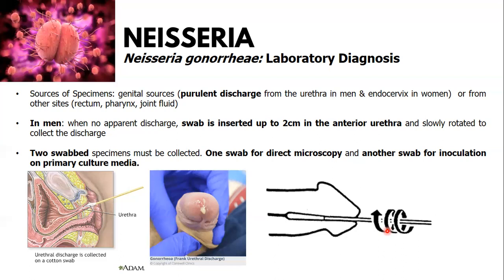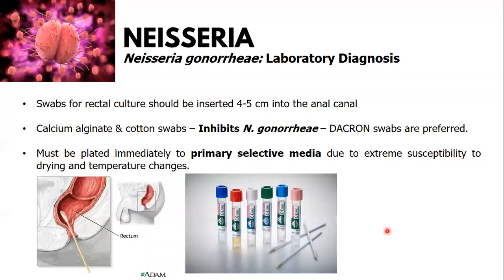Take note, ladies and gentlemen, that it is a big no-no to utilize the same swab used for direct microscopy in inoculating primary culture media for the isolation of Neisseria species. For those with rectal gonorrhea, swabs for rectal culture should be inserted 4 to 5 centimeters into the anal canal.